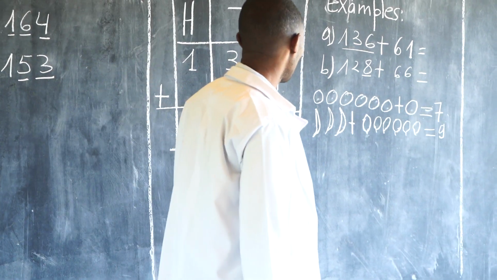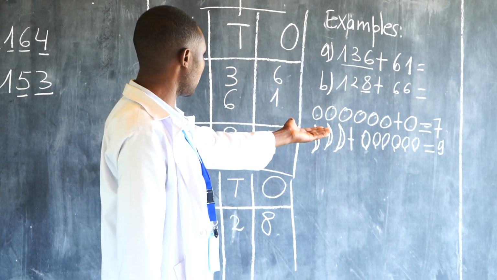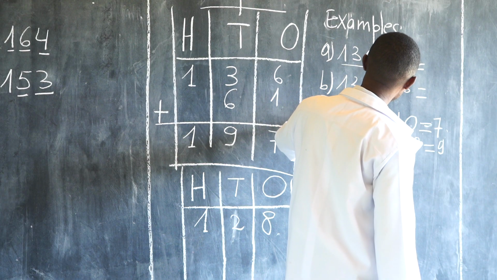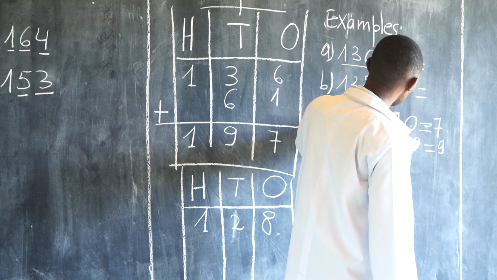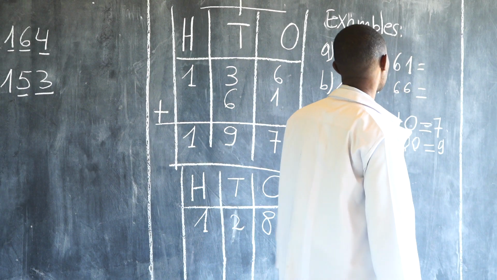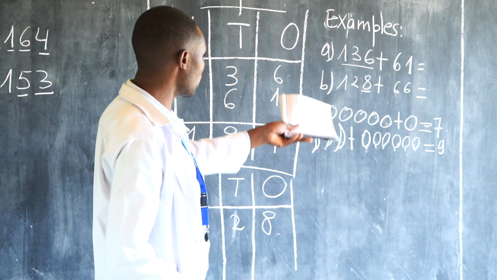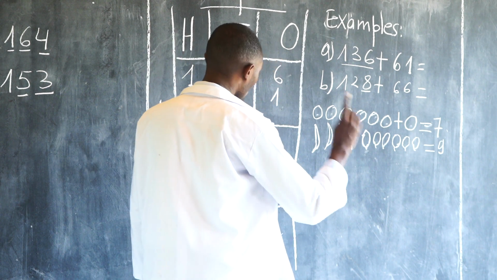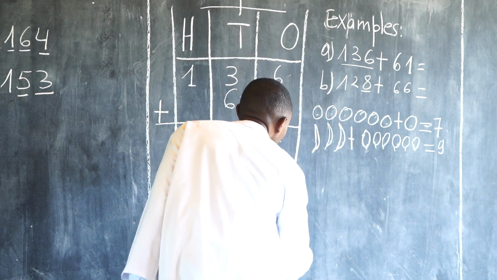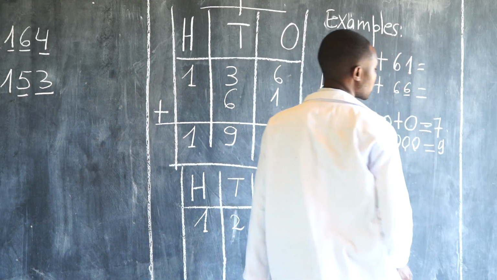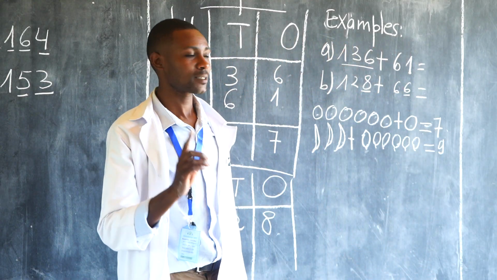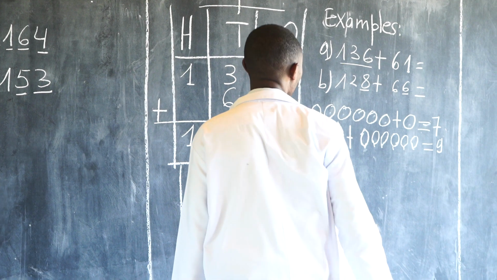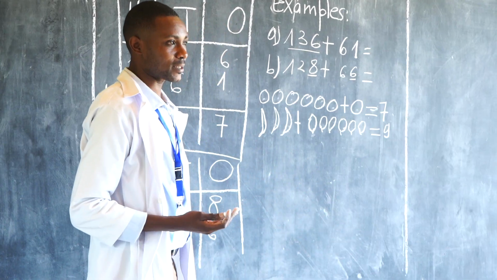After that, we already have 66 because our question is 128 plus 66. Now let us see how we are going to put our number 66 in a place value table. Now we have 6. This 6 represents what? Ones. Now we are going to put 6 here in the column of ones.